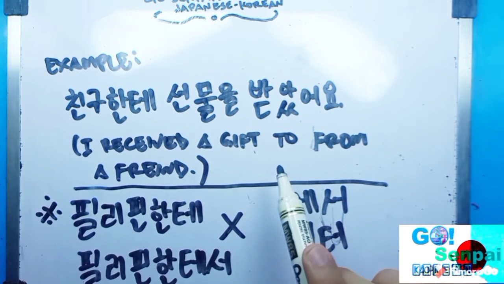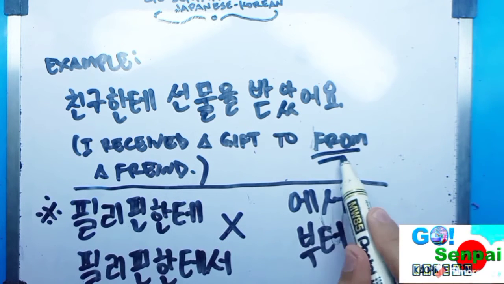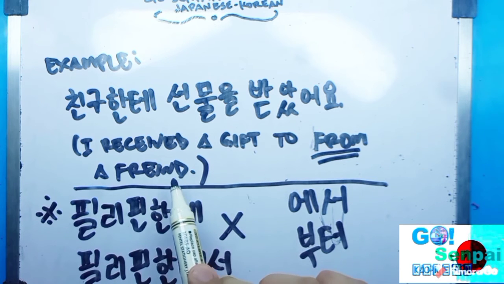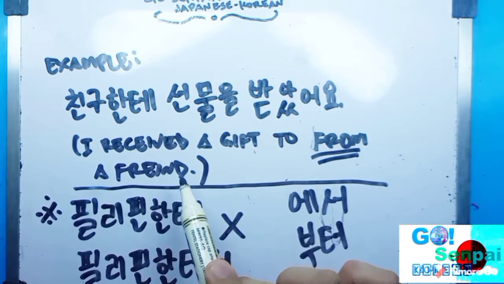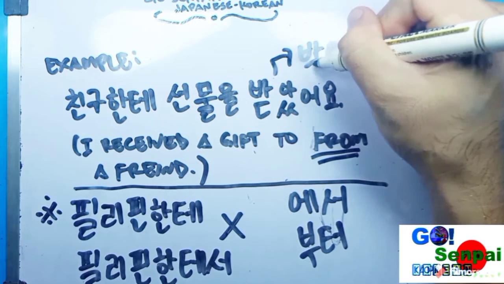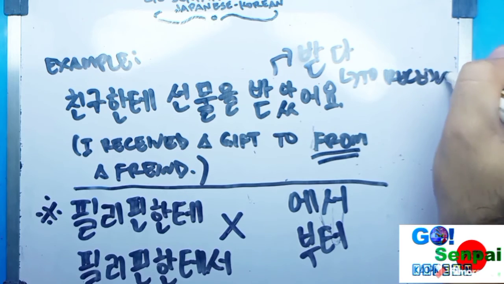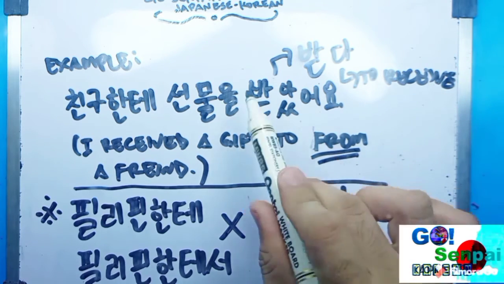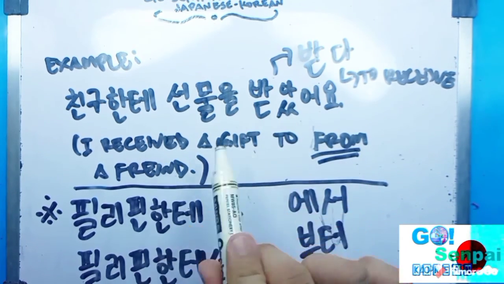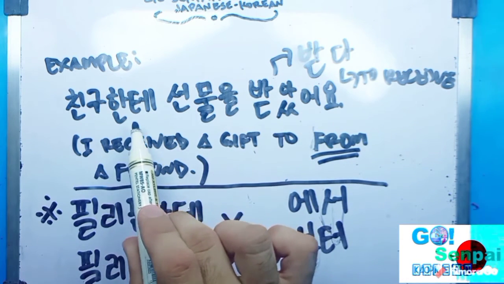So from this example, we can conclude that the meaning of hante in English is from. We cannot say I receive a gift to a friend. It's I receive a gift from a friend. Because of our verb here, padasoyo, base form patta, meaning to receive, we have to look first at our verb for us to be able to identify the real meaning of hante in English.